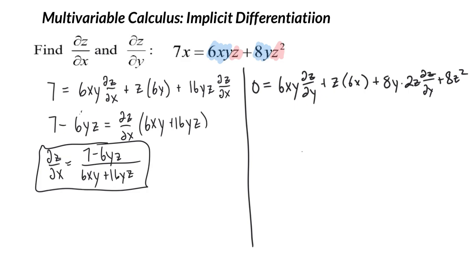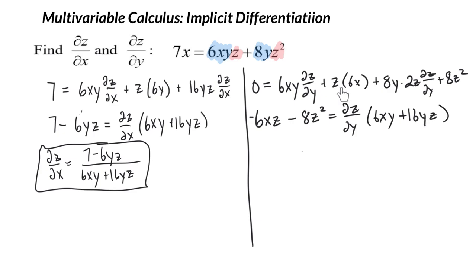I'm going to start moving the non-dz dy stuff to the left side. So I'll bring this stuff over. I'll have negative 6xz minus 8z squared. I'll factor that dz dy out and be left with 6xy plus 16yz.